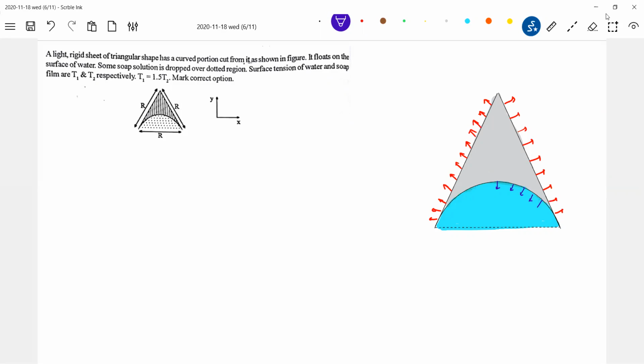Is it okay? This will be the radius r. Soap solution here, water here, water here. There's a triangular shape, a sheet.